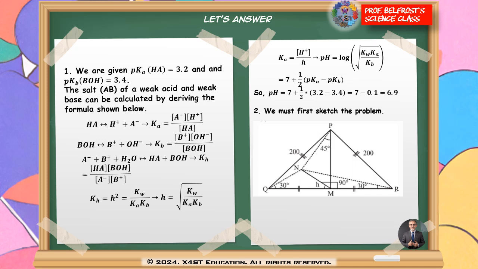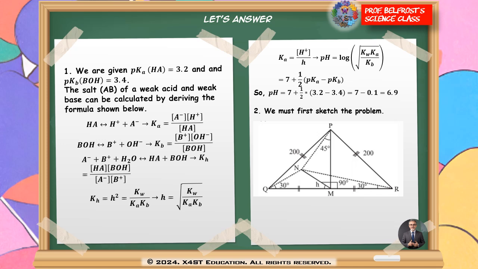So half times 14 is 7. Then plus half log of Ka, which is pKa, and minus half pKb because it is divided. That's where the formula comes from. So you just need to substitute.